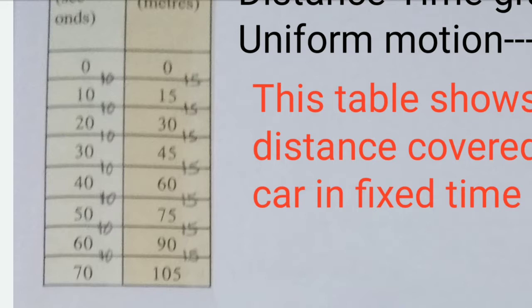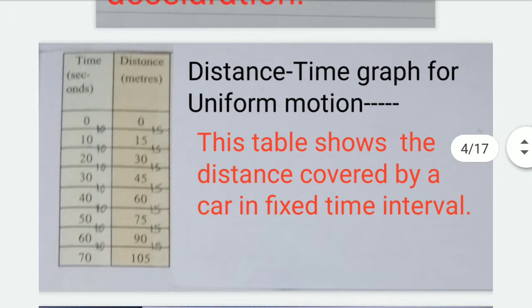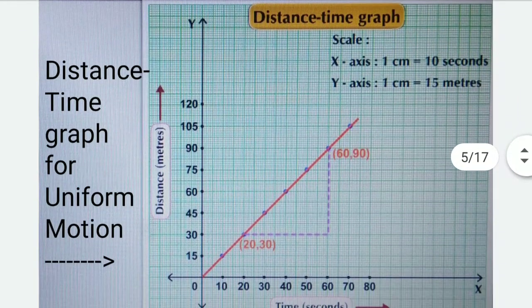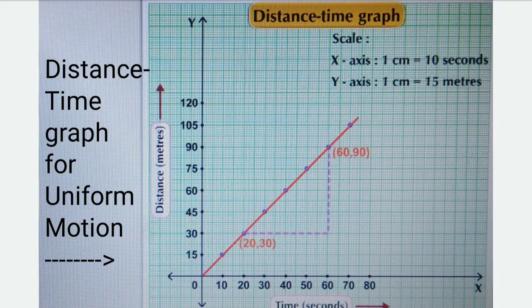This table shows that in every 10 seconds the car covers 15 meter distance. In all total, in 70 seconds, car traveled 105 meter distance. Now, if we have to plot the graph of this, that is distance time graph for uniform motion.